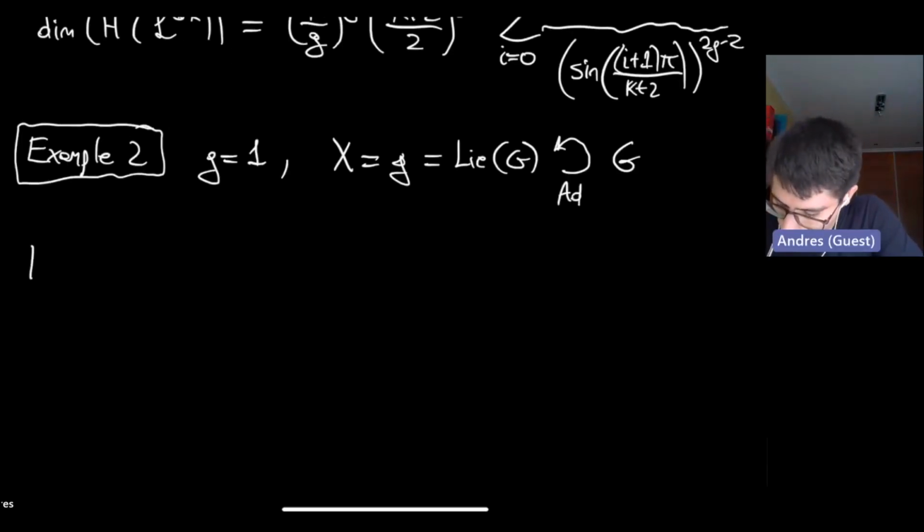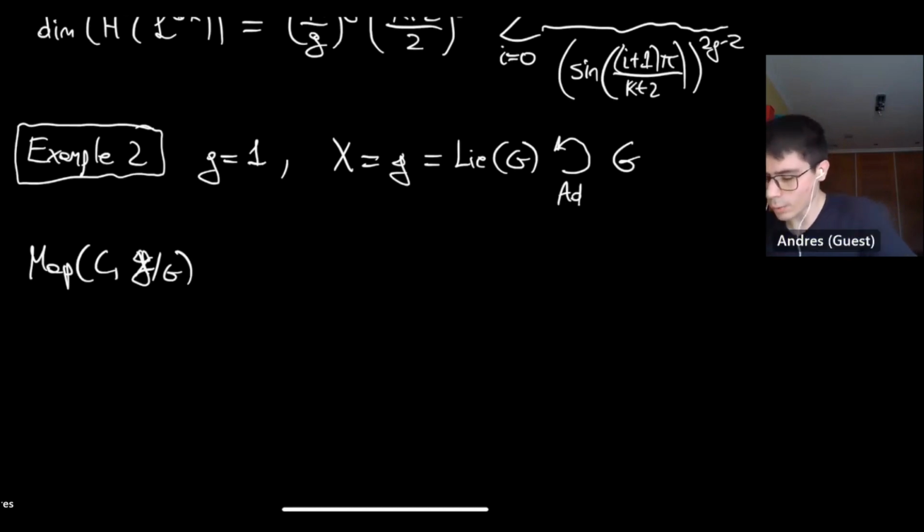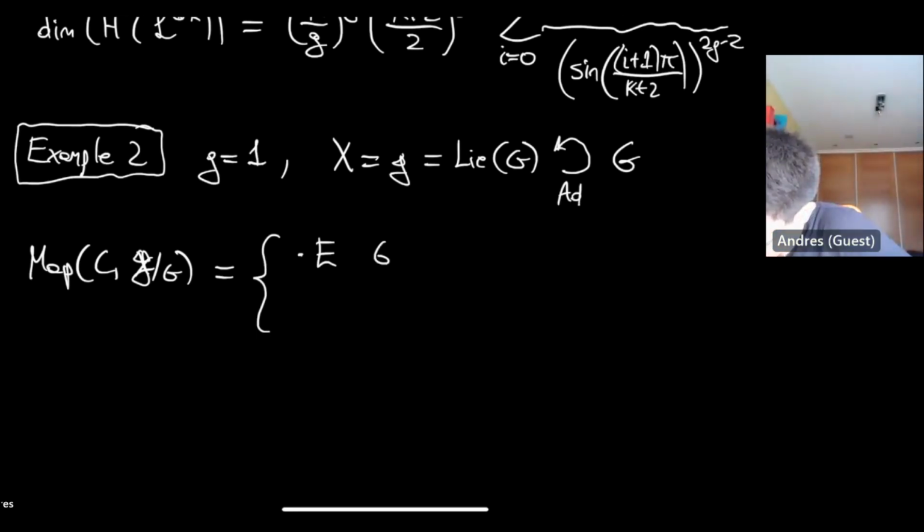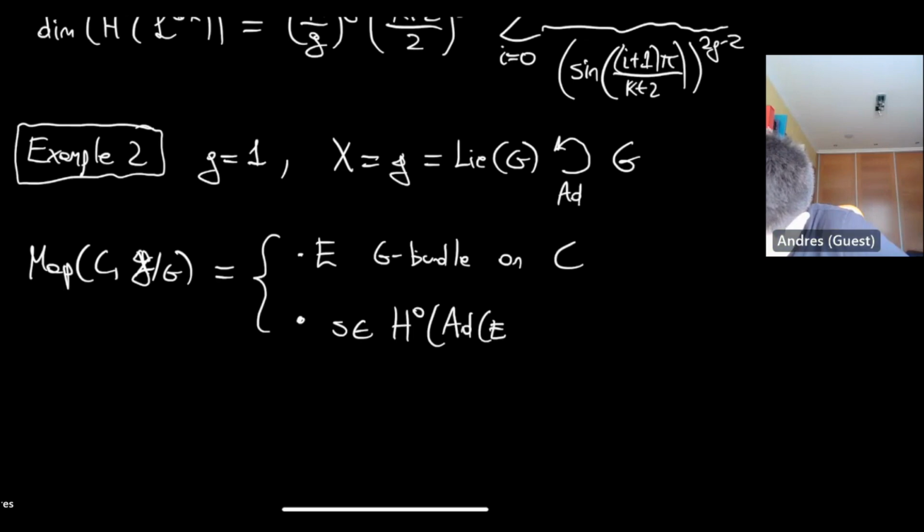Now in this specific case, maps from C into X mod G, or sorry, let me just say g mod g, well, these are going to parameterize a G-bundle E on C, and then you're going to have a section of the so-called adjoint vector bundle.